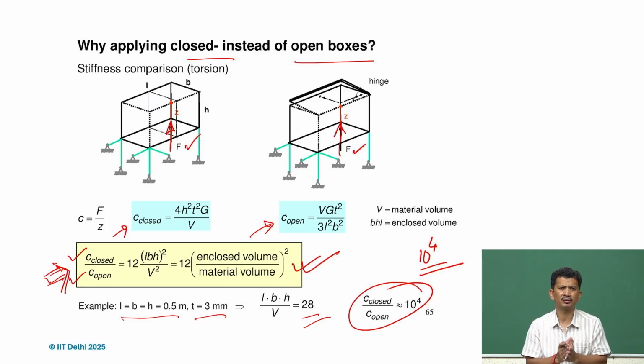So I think it's very important to understand that even if we are using open constructions, we have to find a way to close it. That is the key learning, and that's what I'm trying to emphasize here. If it's not fully closed, the stiffness will be very low. So we have to find a way to close it somehow so that we can get that stiffness, which is of the order of 10 to the power 4, which is very high.